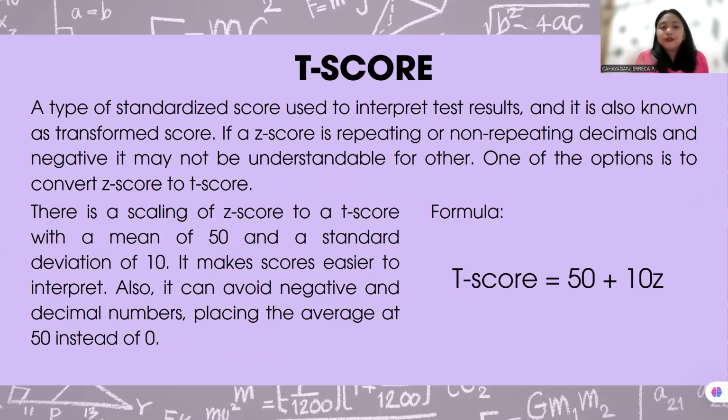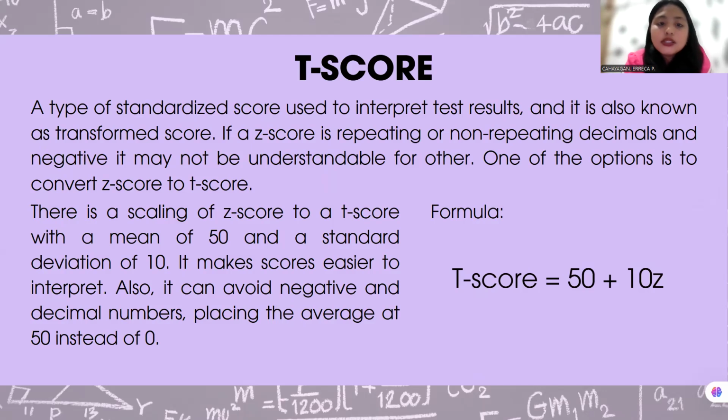Now the t-score. A t-score is a type of standardized score used to interpret test results, and it is also known as a transform score. If a z-score is a repeating or non-repeating decimal and has a negative in it, it may not be understandable for others. One of the options is to convert the z-score into a t-score, converting the standard score into a transform score.